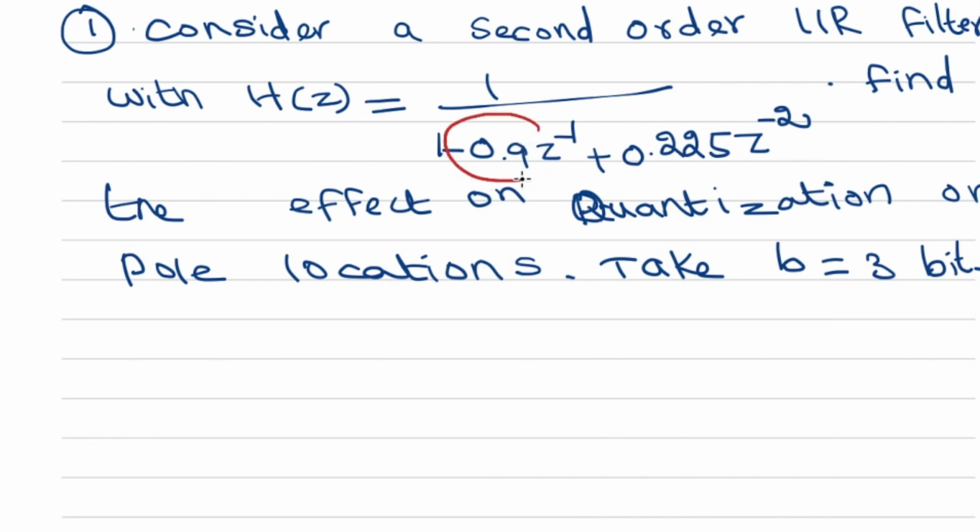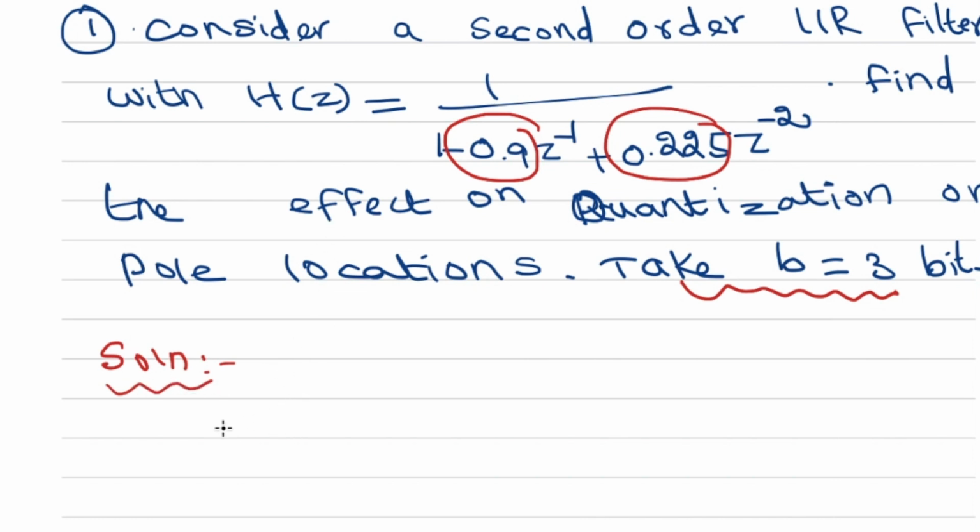This 0.9 and 0.225 are the coefficients. 0.9 is the coefficient of z inverse and 0.225 is the coefficient of z power minus 2. It is also asked to quantize to b equal to 3 bits. Okay, so let's solve this problem.